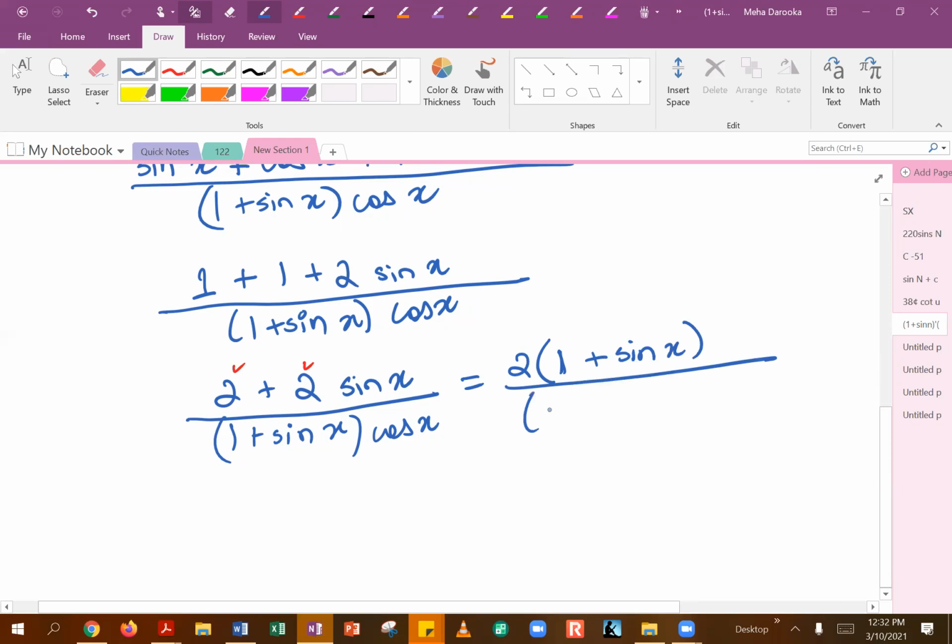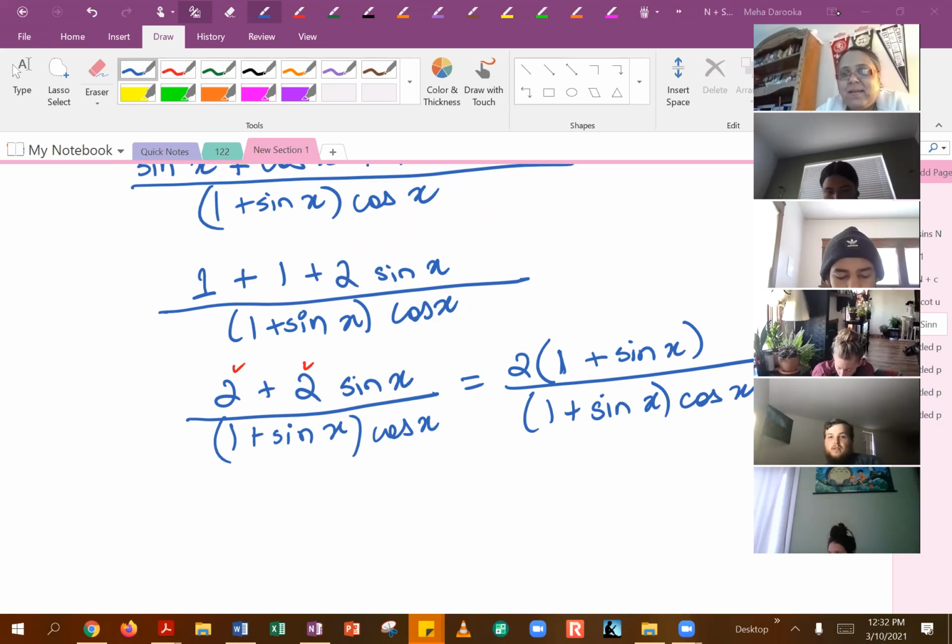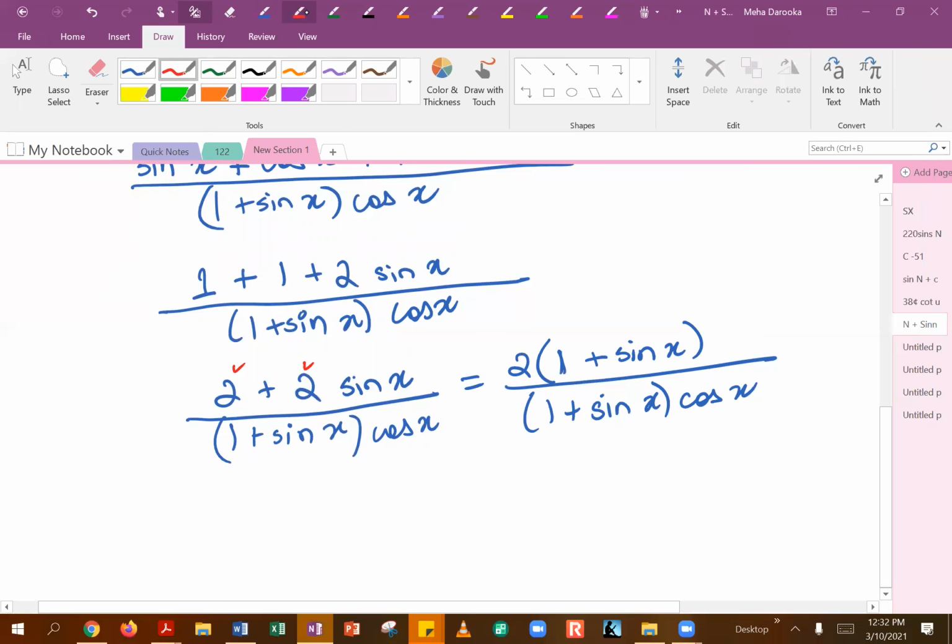And then look at your denominator. What can we do? So then you're just left with 2 over cosine x? Yeah, go ahead and cancel out that parentheses part, because 1 plus sine of x on the top will cancel out with 1 plus sine of x on the bottom.